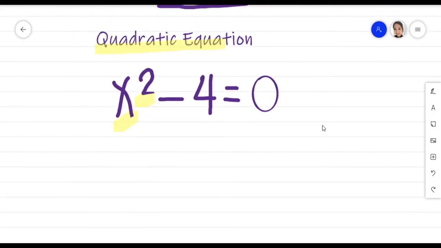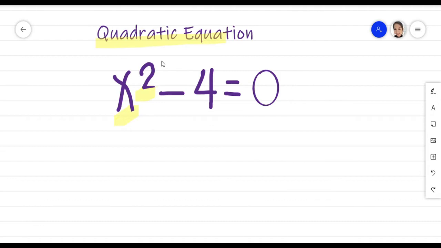Now, for this quadratic equation x squared minus 4 equals 0, let's see how many solutions we can get out of this equation. What do you think would be the value of x, which is raised to 2, and then we subtract 4, and the result would be 0? What do you think would be the value of x?